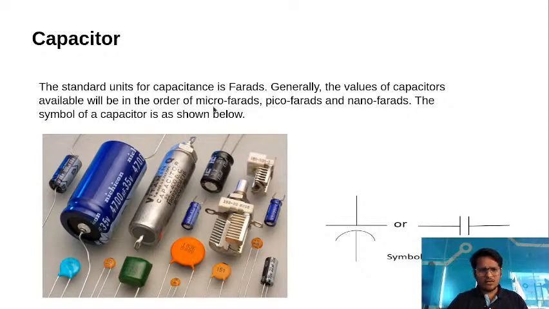Generally, capacitor values available are in the order of microfarads, picofarads and nanofarads. The blue one is an electrolytic capacitor, and its value is written in microfarads. This capacitor is the bigger one, blue in color. The value is 4700 microfarad, and the voltage rating is also very important.